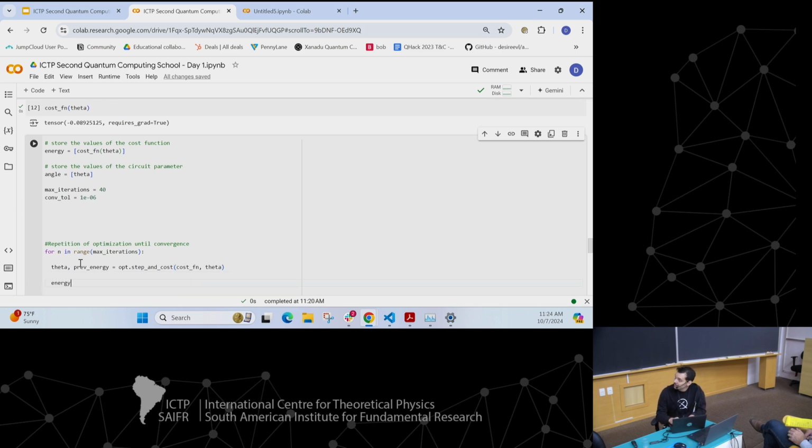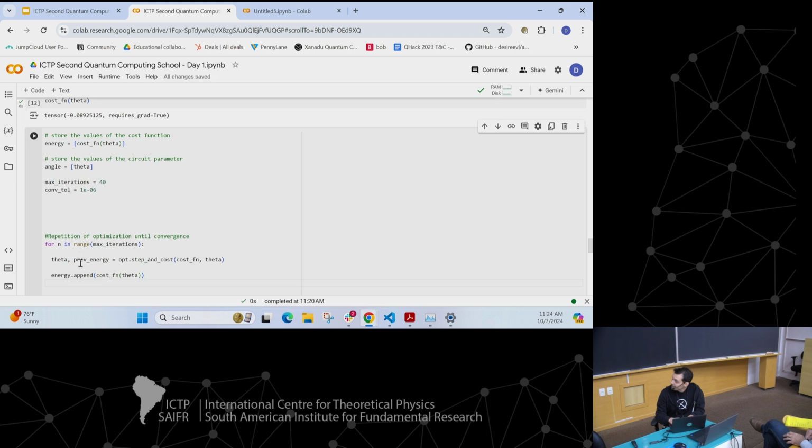Given these new parameters, we want to save them, so we want to add them to our array or list. Part of the reason we want to store them is it's always nice to plot how the optimization went. You should see it maybe not always decrease, but decrease in general.